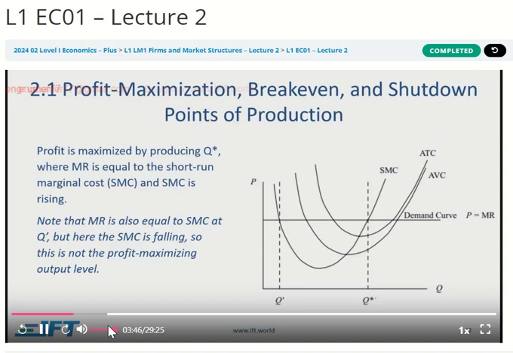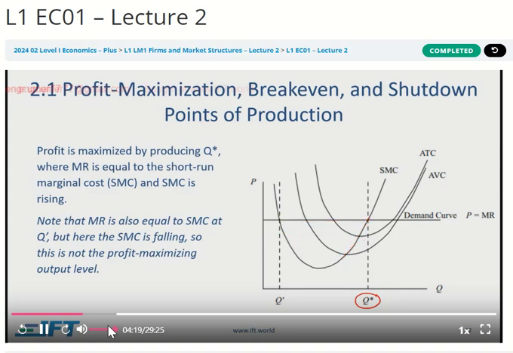So profit will be maximized at this Q star, where every unit you have sold up until this point is costing you less than you're selling it for. Of course, there is an exception for these units over here where your cost was more, but that is a very small amount, and we don't look at that. What we look at is this whole portion over here where our cost is actually lower than our selling price.